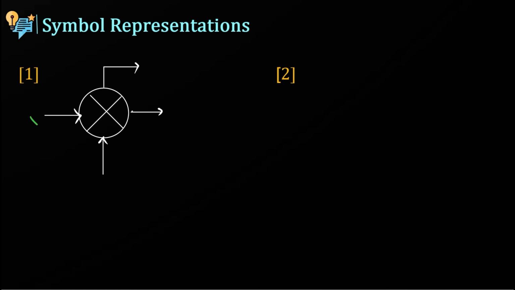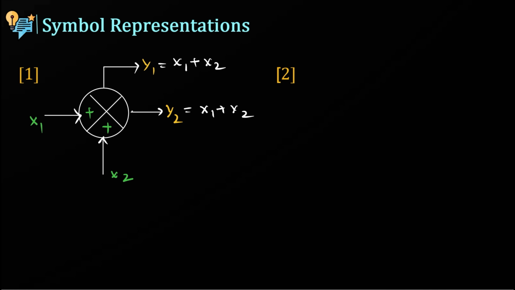I'm giving x1 and x2, and let us say both are plus. I have outputs y1 and y2. My outputs here will be x1 plus x2, and here also it will be x1 plus x2. So this is one type of representation of the summer block.